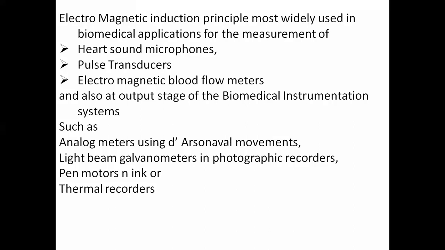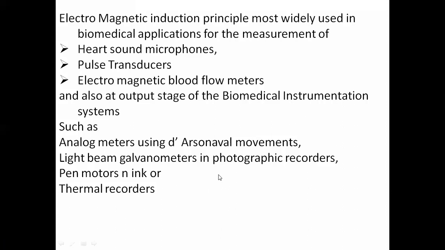Suppose a wire is there, and we send current through it, or apply some voltage across this coil, and due to that it will experience a motion. It experiences some change in its direction. So both cases are true.